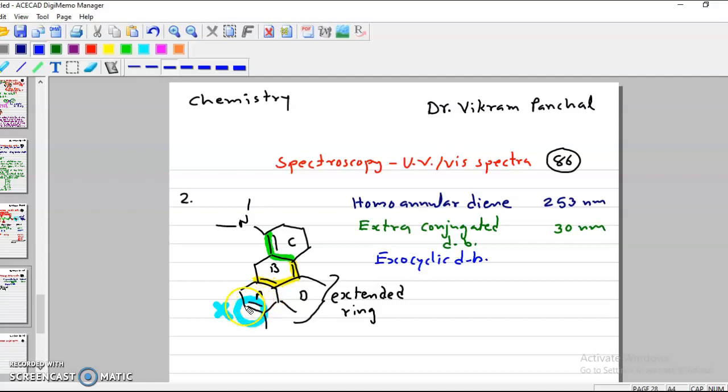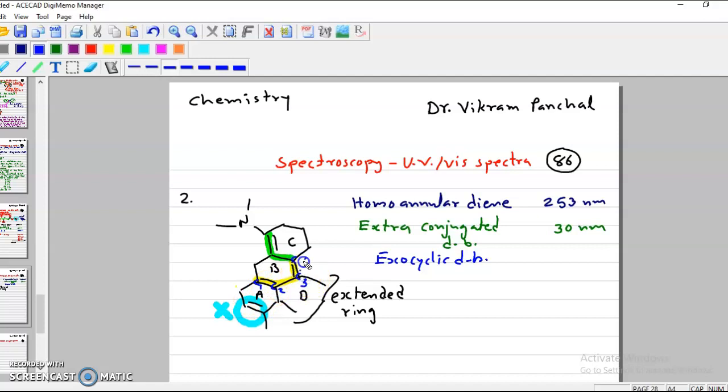Check it. This is not in the system, so we don't consider this. Now this is considered as the first double bond, second double bond over here, and third double bond is in C ring. So in B ring there are first and second double bonds. But if you take A ring, this double bond is endocyclic because both carbons are in this ring. So C1 and C2 are both in the first ring A, so we will not consider this.